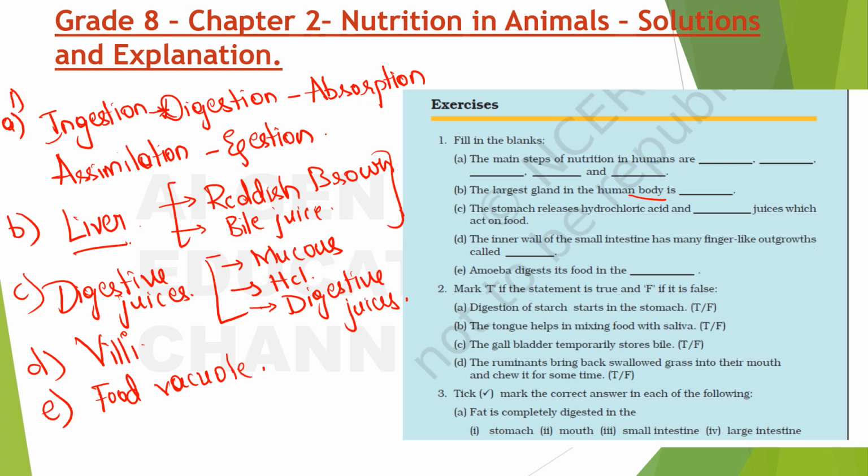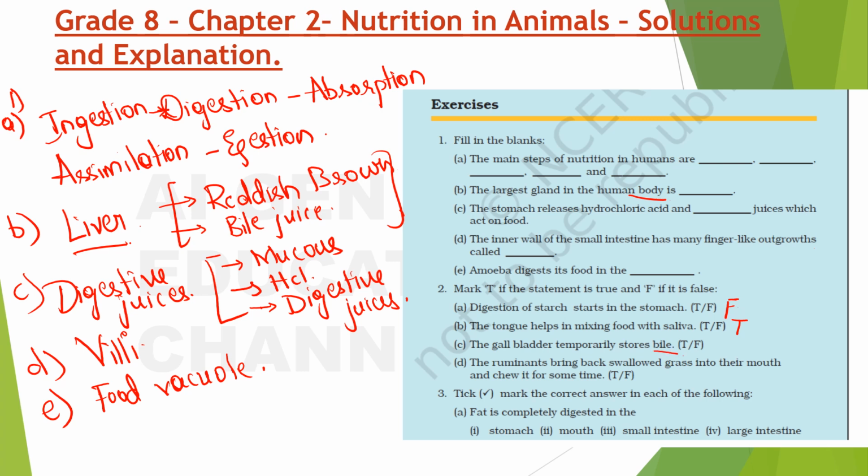Okay. Next, mark T if the statement is true and F if it is false. Digestion of starch starts in the stomach. Where will it start? Will it start in stomach or mouth? It starts in mouth, right? So this is false. The tongue helps in mixing food with saliva, right? This is true. The gallbladder temporarily stores bile. True, right?